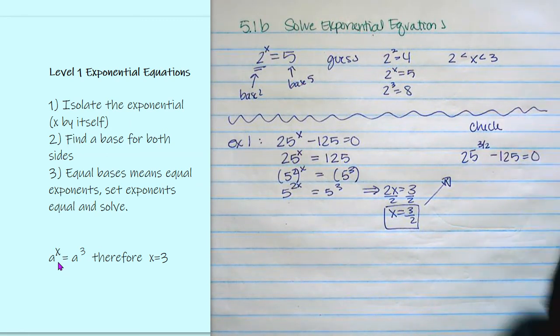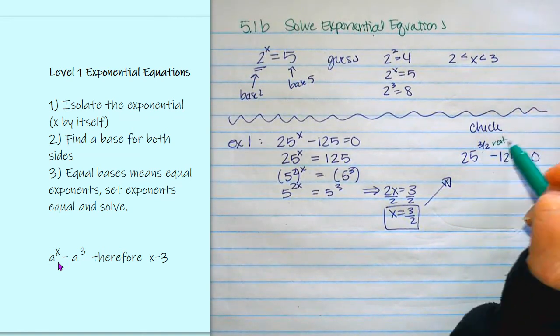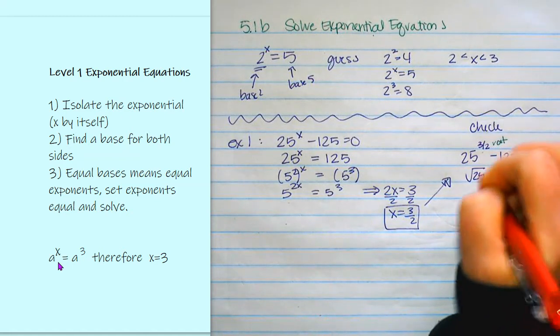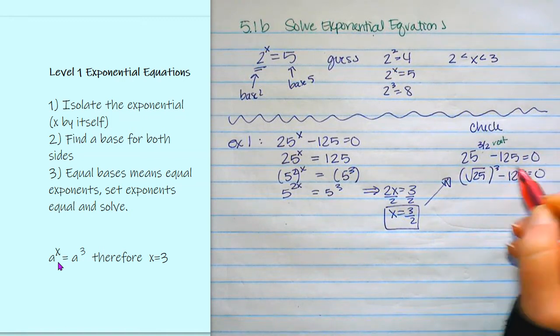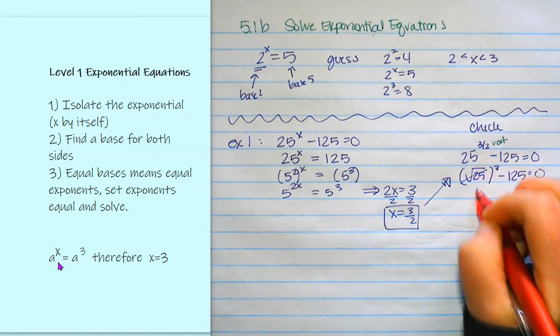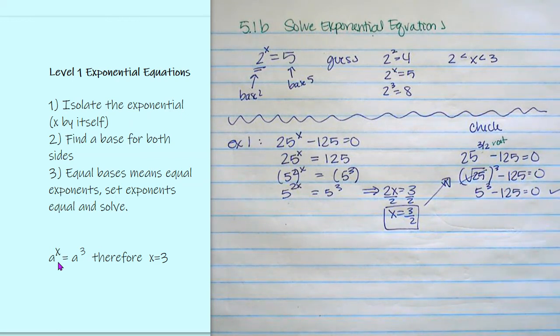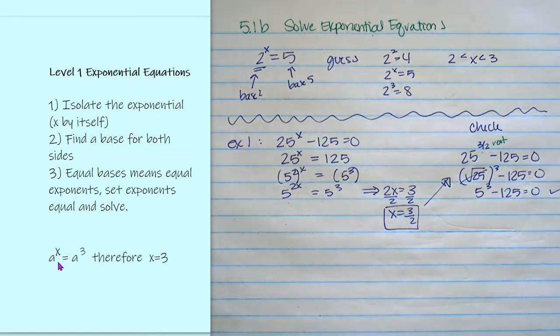Again, I've always told you that I would like for you to do roots first. So write roots on the bottom so you know that that's the square root. So I've got the square root of 25 cubed minus 125 equals 0. The square root of 25 is 5, cubed, minus 125 equals 0. And at this point, you know it's true. 125 minus 125 does make 0. So you're all set.